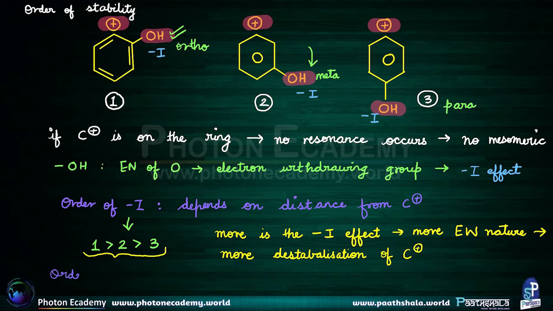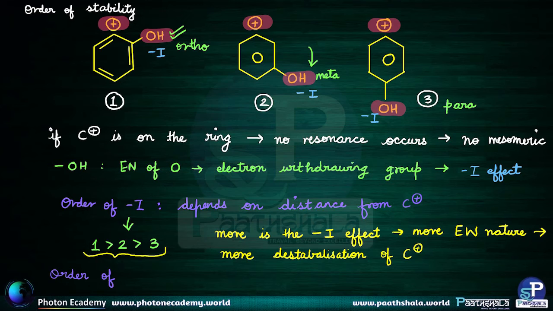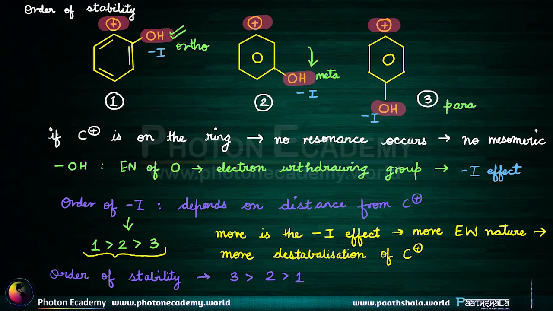The order of stability that we want in the question will be 3 is greater than 2 is greater than 1. The third one is greater than the second one, and the second shows a greater stability than the first.